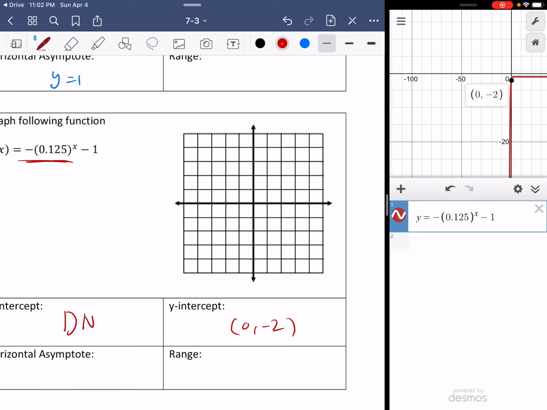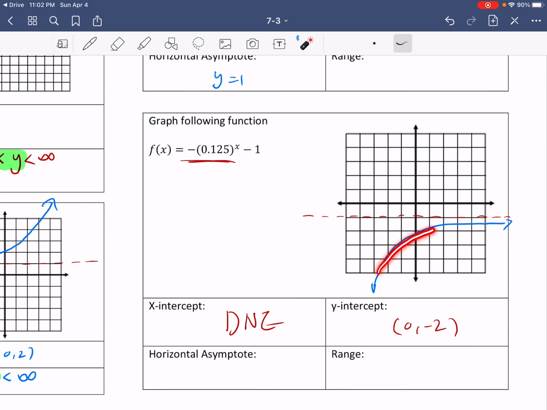The x-intercept does not exist because this -1 is going to be our asymptote, and our graph looks like this. This graph will get really close to this -1, but it will never touch. So that's going to be our y equals -1.